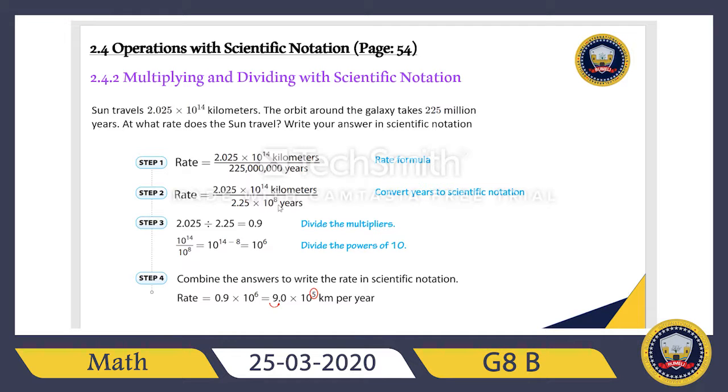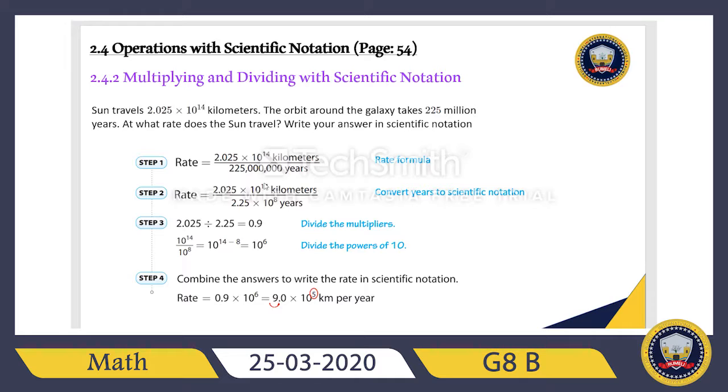Now, after doing this, it's very easy. You divide the multipliers. So you divide 2.025 by 2.25. Okay, then you divide the powers of 10. So 2.025 divided by 2.25 is 0.9.